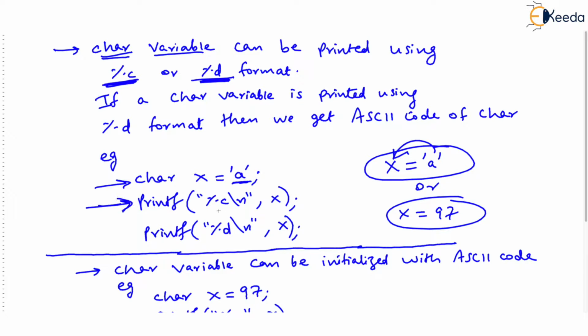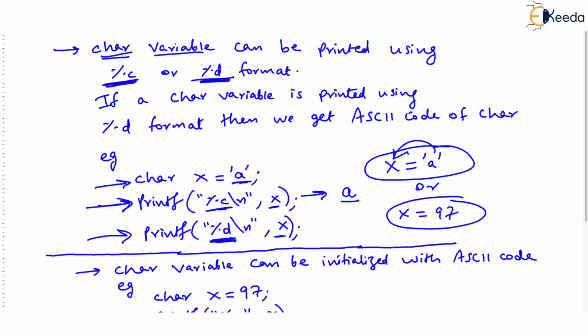This printf is using the %c format to print the value of X. Obviously, the output will be character a. Isn't it? The quotation won't be printed, the character a will be printed. And what about this printf? This is printing a decimal. Check %d here. And whose value is it printing? X. But what is X? Small a.